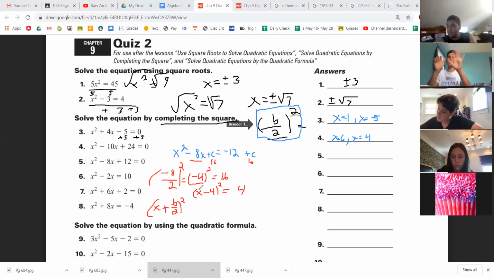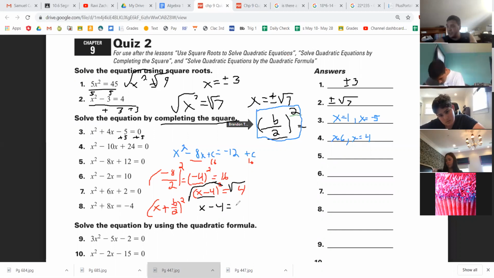Some of you don't know how to get the final answer. So we're going to square root both sides. This gets canceled out. x minus 4 equals, this stays normal, because the square root completely cancels, this stays exactly as it was. This 4 becomes plus or minus 2.